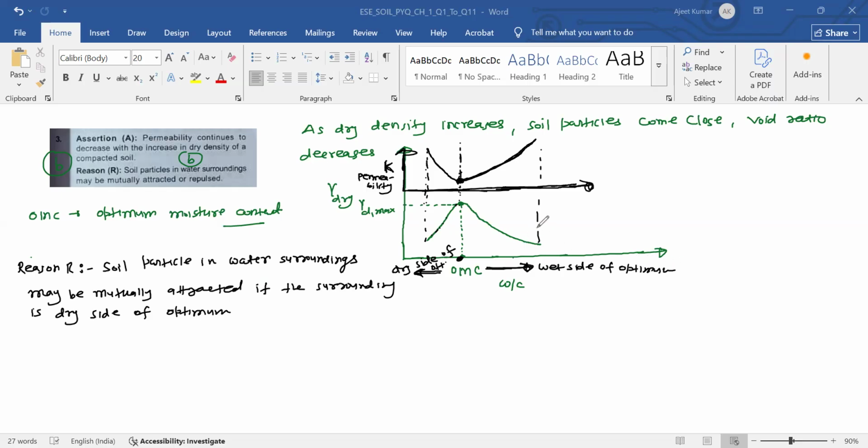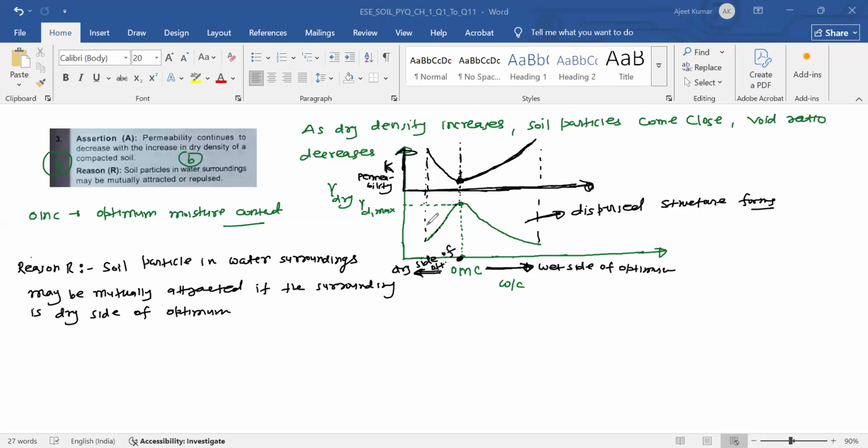On the wet side, the structure of soil is dispersed; a dispersed structure forms.